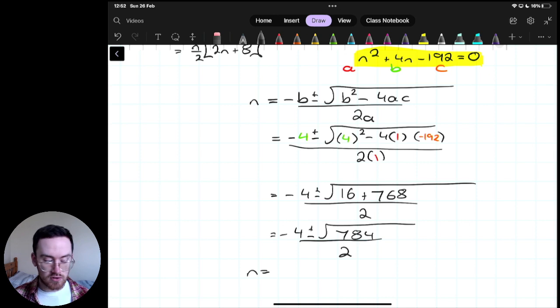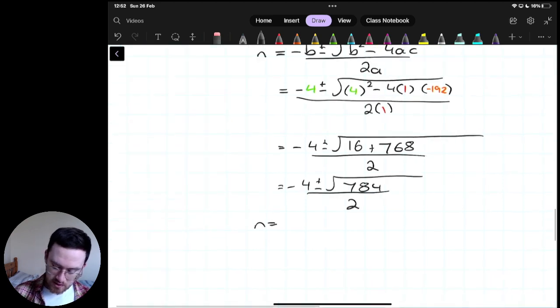What we're hoping for, obviously, as we saw in the last section, was making sure that the value of n we end up with is a natural number. So that's one way of making sure the answer we've gotten is valid. So the square root of 784 gives us an answer of 28.